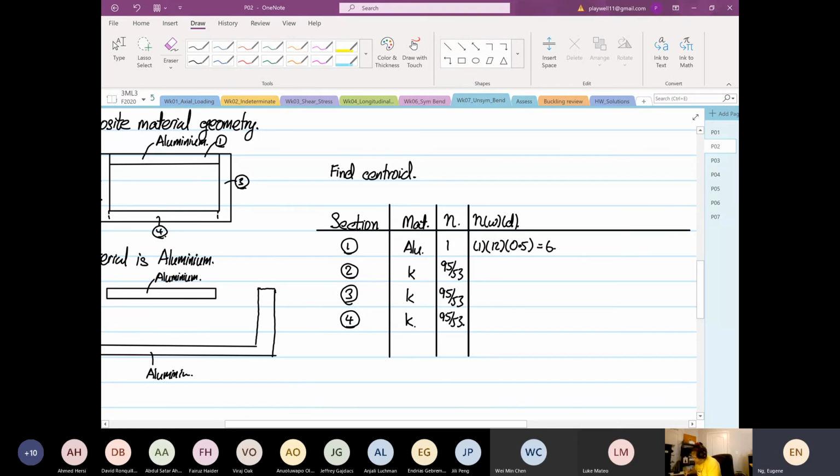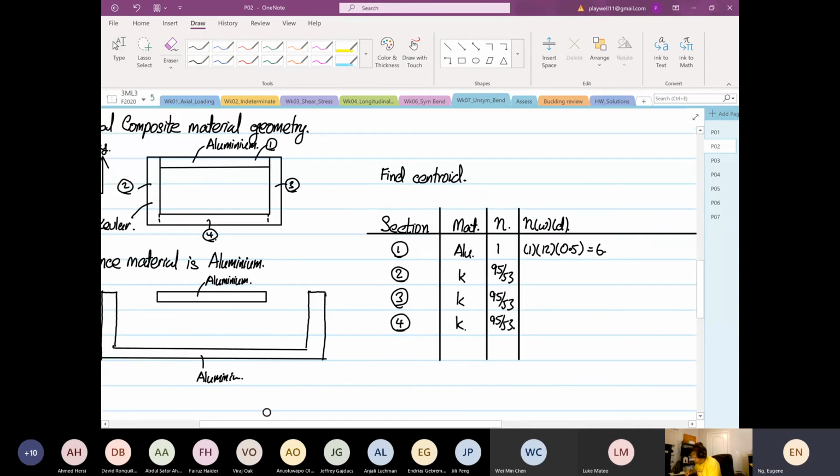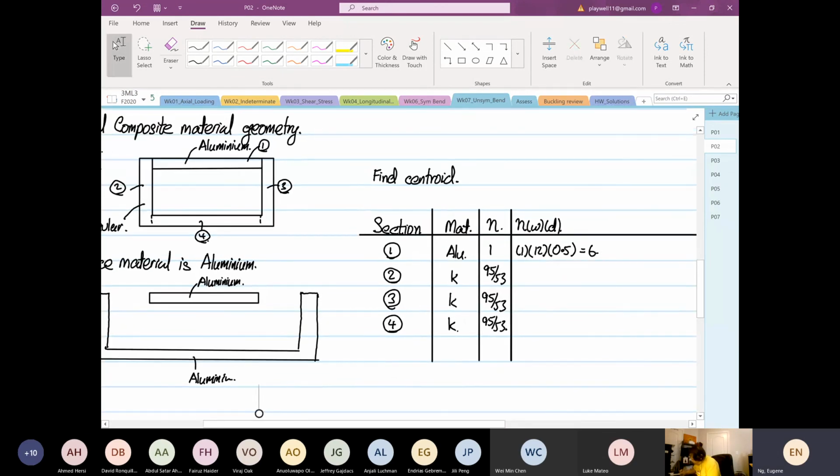Then for number 2, N is 95 over 53, the width is equal to 0.5, and the depth is equal to 6.